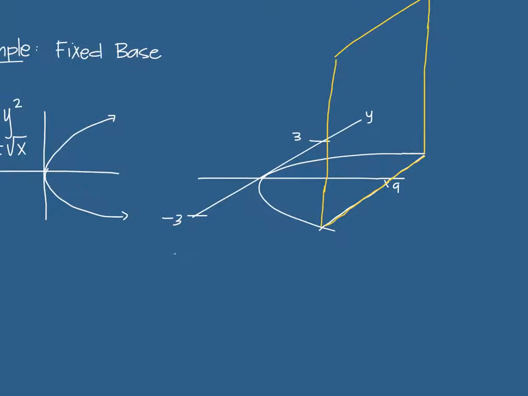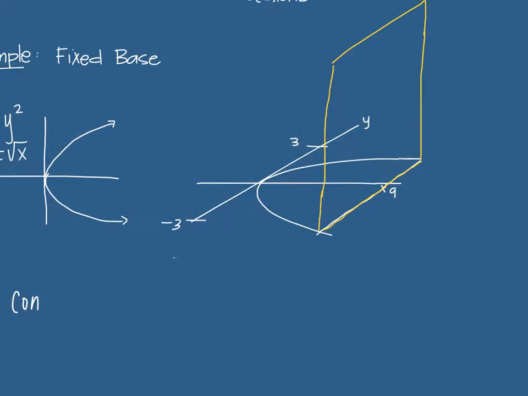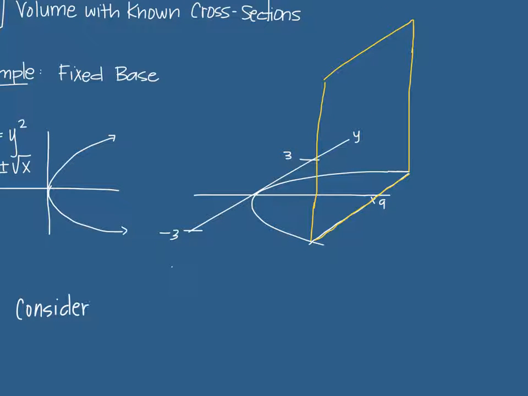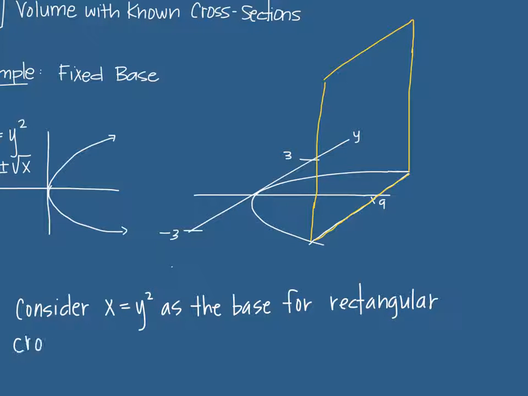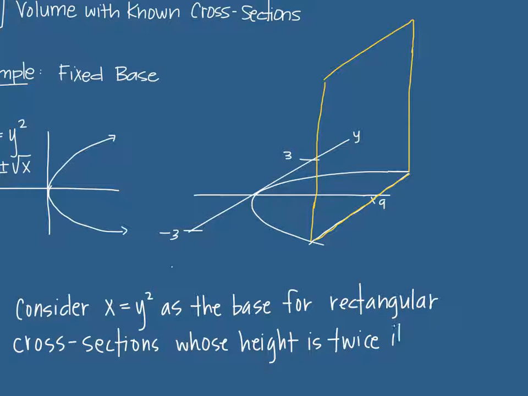All right, so I'm going to write this out so you've got it in your notes. So consider x equals y squared as the base for rectangular cross sections whose height is twice its width on the interval 0 to 9.